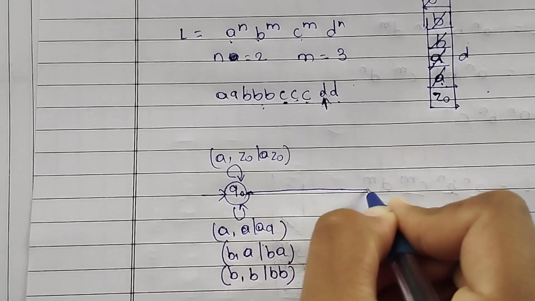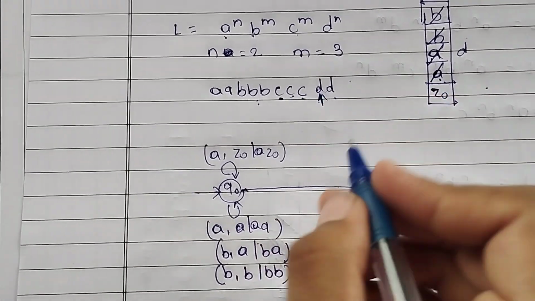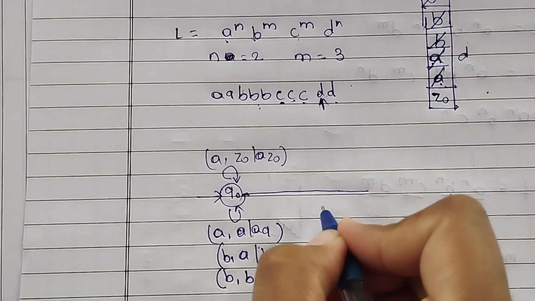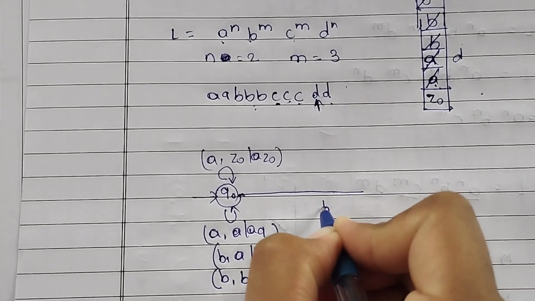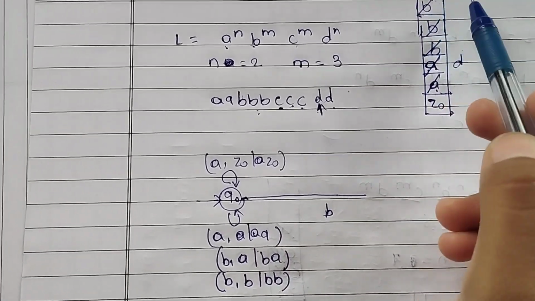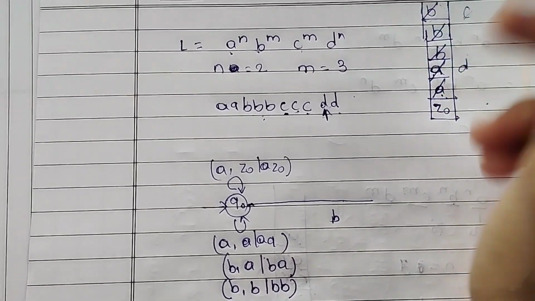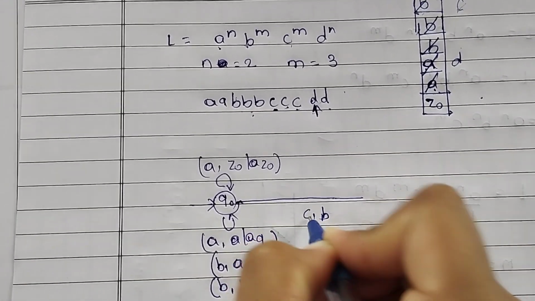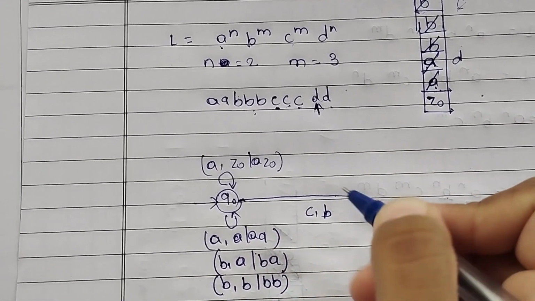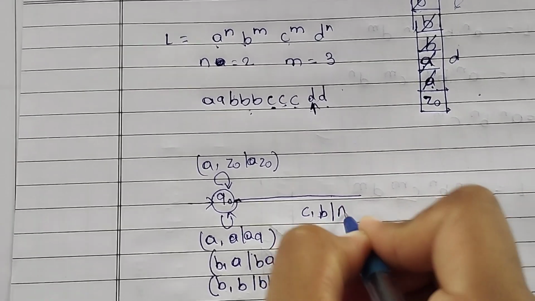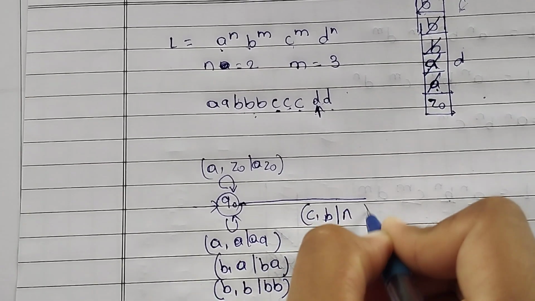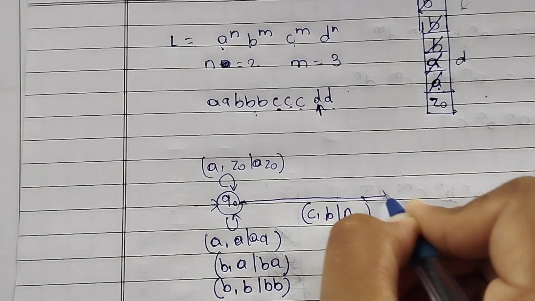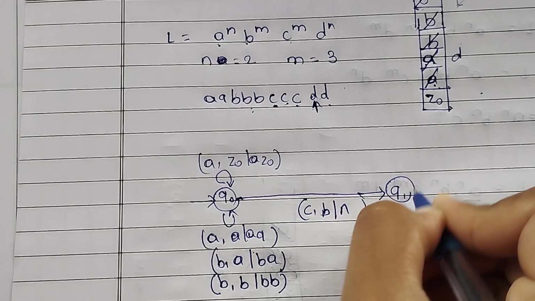Now we pop. When you read the C, that time pop the B. Here B is present and we read C, that time pop the B's. And we reach the second state, Q1.